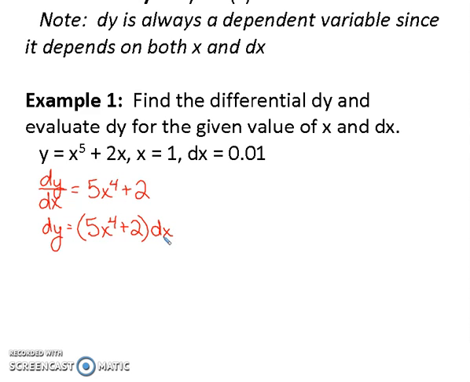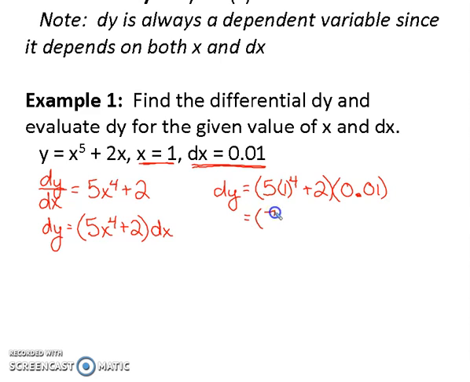So at that point, it becomes a matter of substitution. x can be replaced with a value of 1, and dx can be replaced with a value of 0.01. So dy would be equal to 5 times 1 to the fourth plus 2, times 0.01.